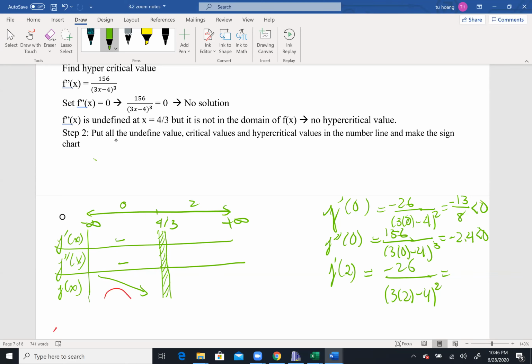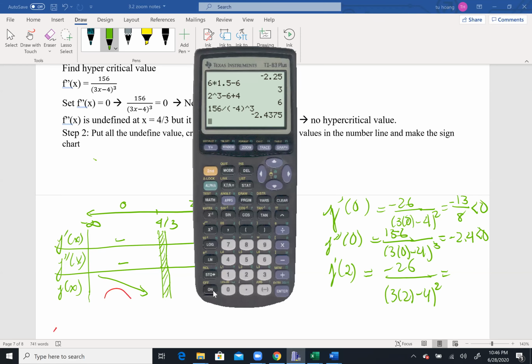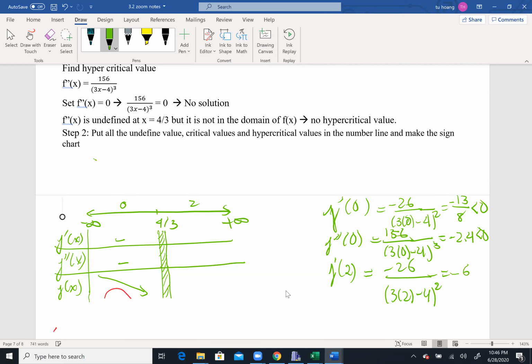Negative 26 divided by 6 minus 4, which is 4, squared. Then you have negative 6.5, which is also less than 0.